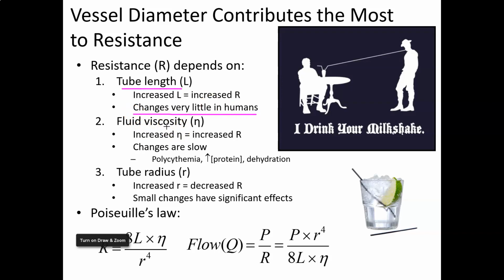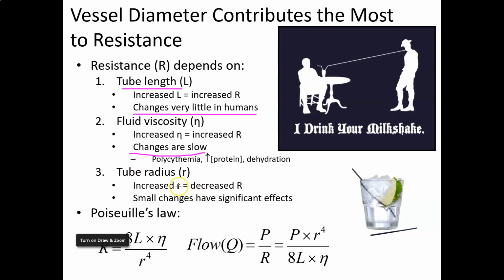Fluid viscosity plays a role. How thick is your blood? If the blood gets thicker, that's going to increase resistance. And in humans, the changes tend to be pretty slow. If you want to change the amount of your albumins, remember that was the key protein that was an osmotic regulator, making up more than half, probably about 60% of your blood proteins.